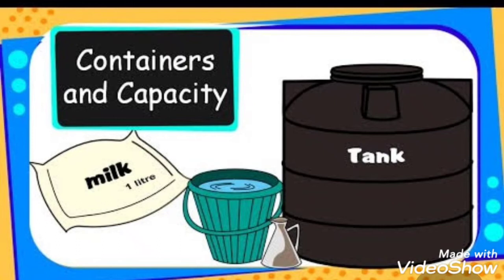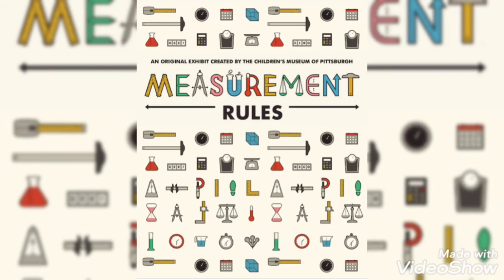So, like length, mass also has its standard unit, which is known as kilogram. And the instruments used to measure the mass are beam balance or electronic balance. In many countries, mass or weight is measured in pounds. Children, along with the standard unit of mass, that is kilogram, there are certain countries where the weight is measured in pounds. Okay?